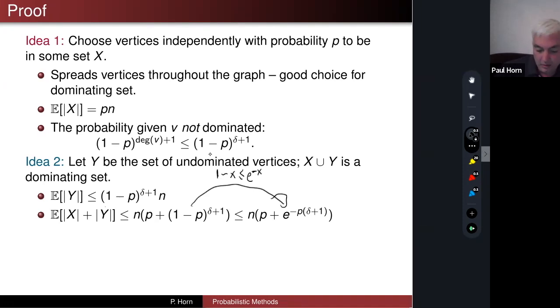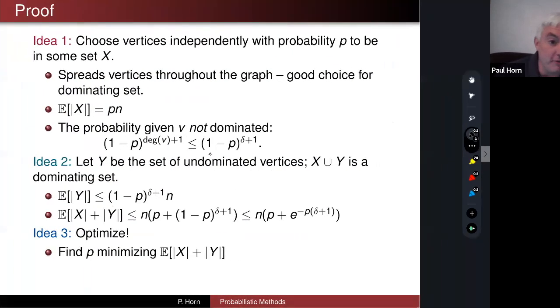And the point is now that the last step of all of this is to optimize. Now I've got some bound. It depends on p. This bound holds for any p. So I should find the best p. And that's a calculus problem. I can minimize this expression using calculus.